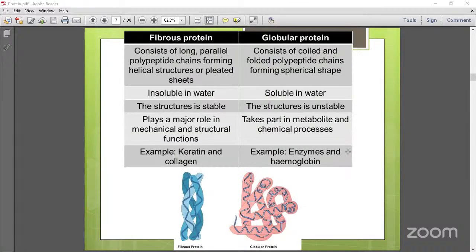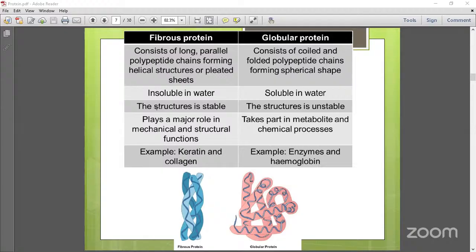When coming to the fibrous proteins and globular proteins, the fibrous proteins consist of long parallel polypeptide chains, which form the helical structures or pleated sheets, and globular proteins consist of coiled and folded polypeptide chains, which form the spherical shape, which is soluble in water, whereas the fibrous proteins are insoluble in water.